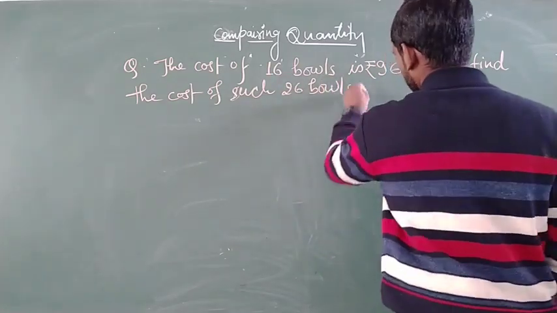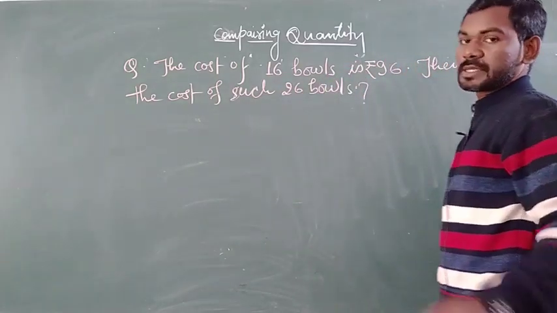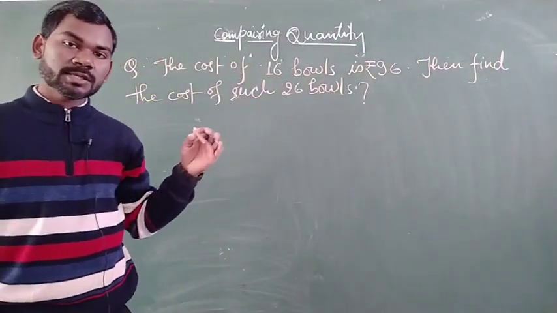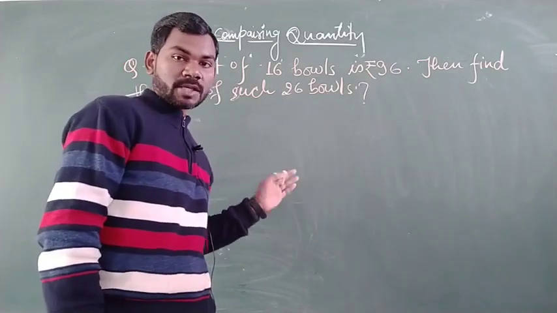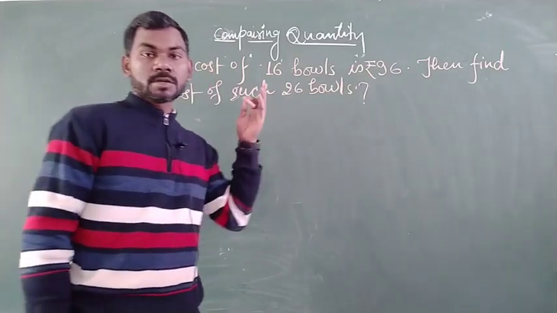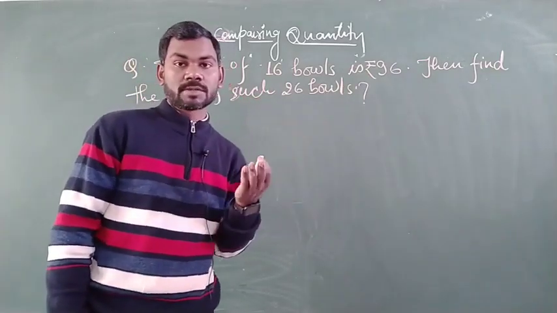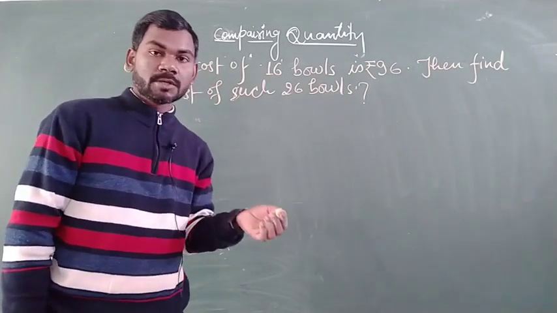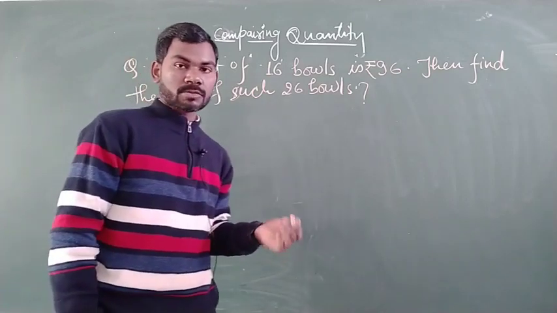The question says that the cost of 16 balls is 96 rupees, then find the cost of such 26 balls. So this is the question, and now let us try to find the solution.